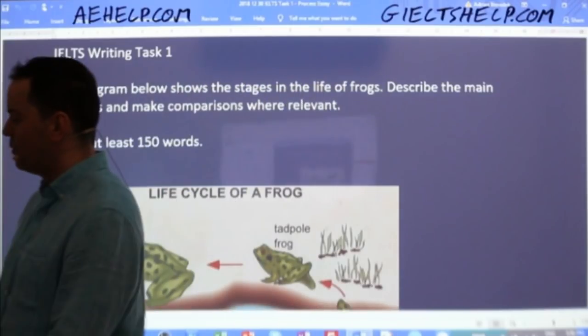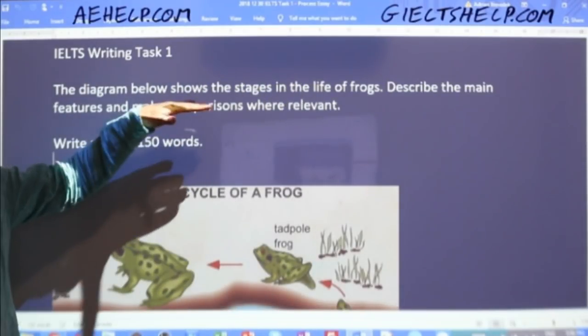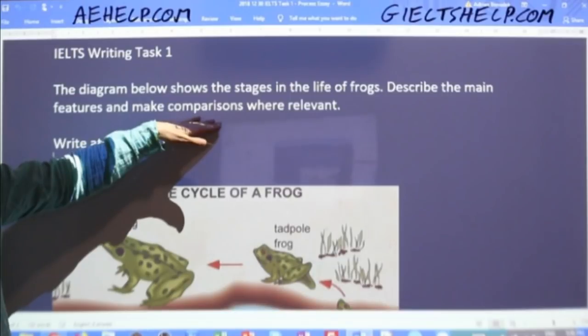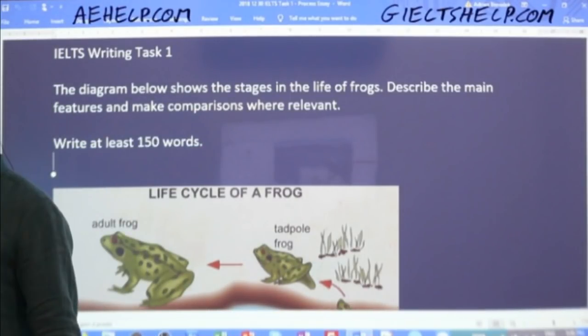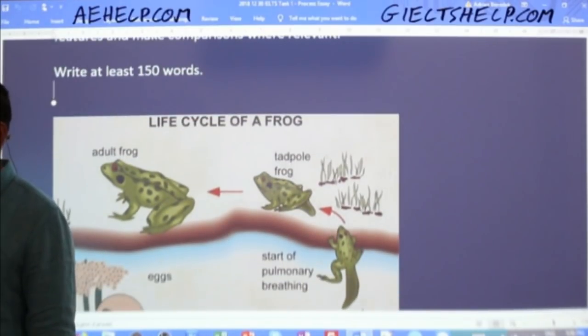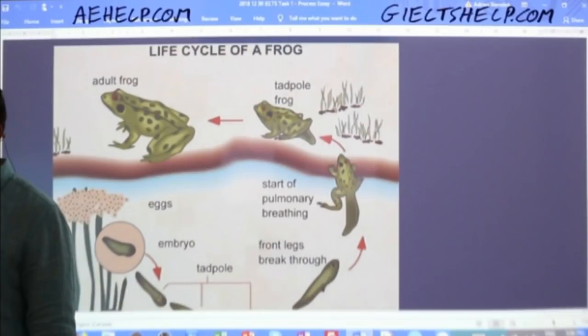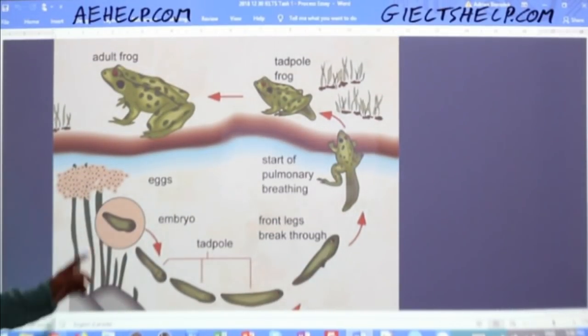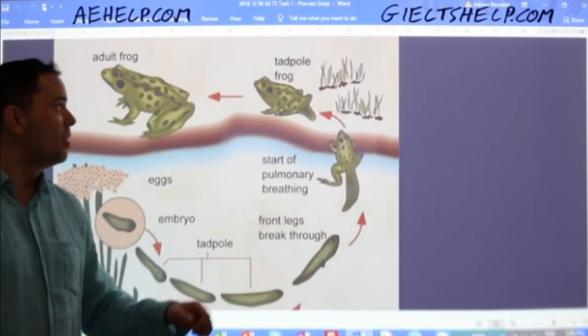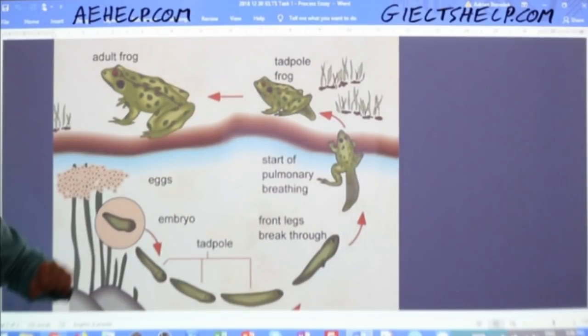All right. Step number 1, let's paraphrase this question. So members, rewrite this question with a little bit more detail using the diagram and some synonyms, antonym negatives potentially, expressions, descriptive language. Here is the diagram. You can see some eggs there, tadpole, the developing frog, and then you have the tadpole frog, the adult frog.